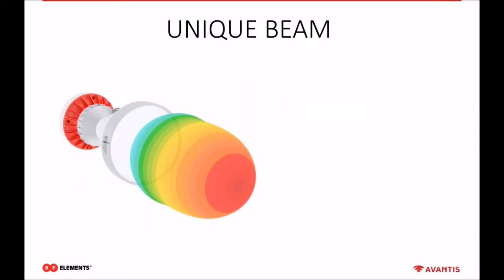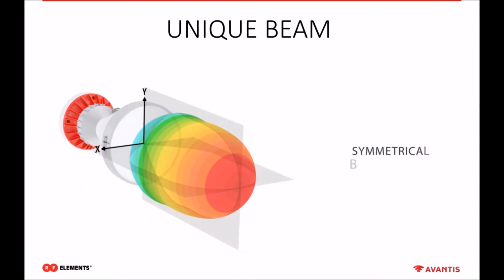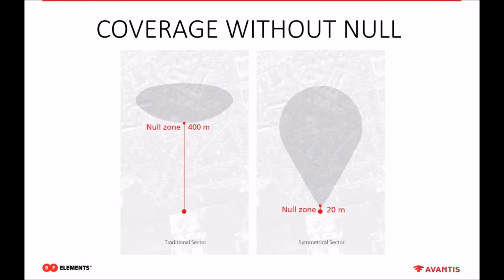Such a beam also has an advantage in real-life deployment. One of them is that it can reduce the null zone. The null zone is the zone close to the tower. Usually when you use a traditional sector antenna, customers that are close to the tower have either very bad signal or no signal.